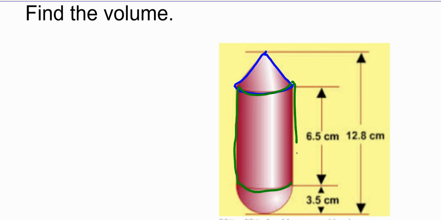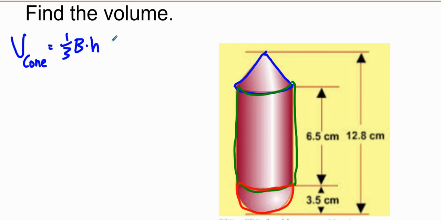And then we have a piece that is a semicircle or semi-sphere. It's half a sphere. Okay, so I'm going to do the cone first. Volume of the cone. That is 1/3 area of the base times the height of the cone.